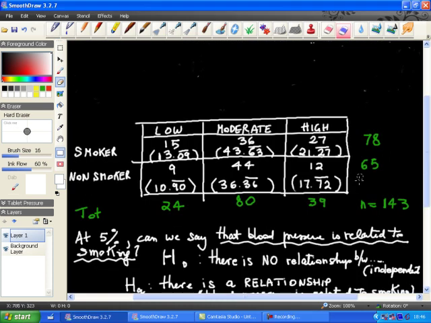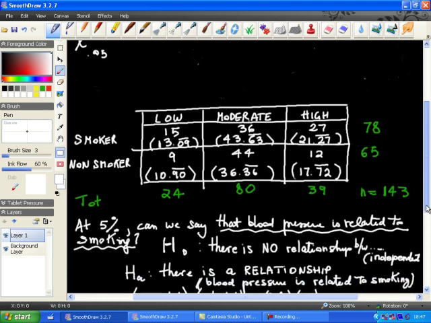Now, our step 3 and 4 is the critical value. Here, the alpha value is 5% or 0.05. And the degrees of freedom are number of rows subtract 1 multiplied by number of columns subtract 1.